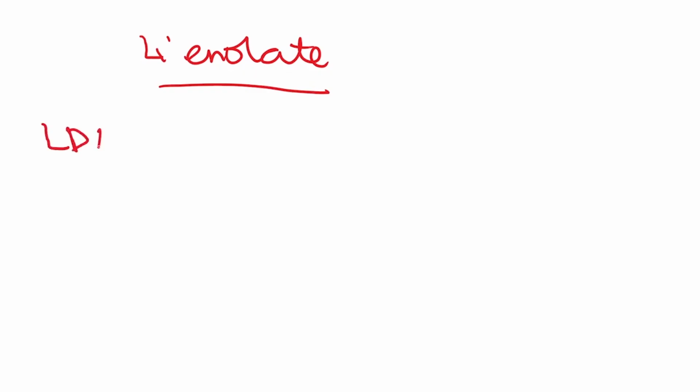The first example of a specific enol equivalent is a lithium enolate. What we do here is we start with this molecule called LDA, which I'll write out here. This is diisopropylamine.